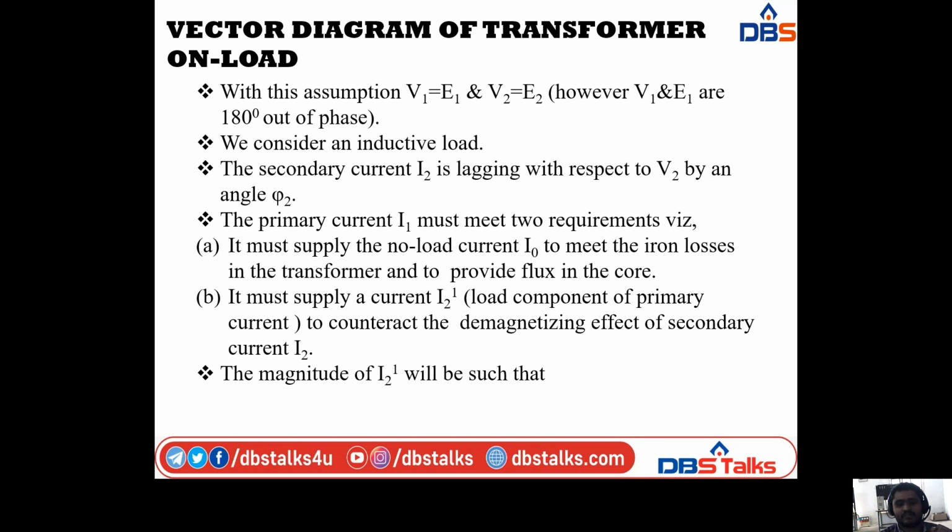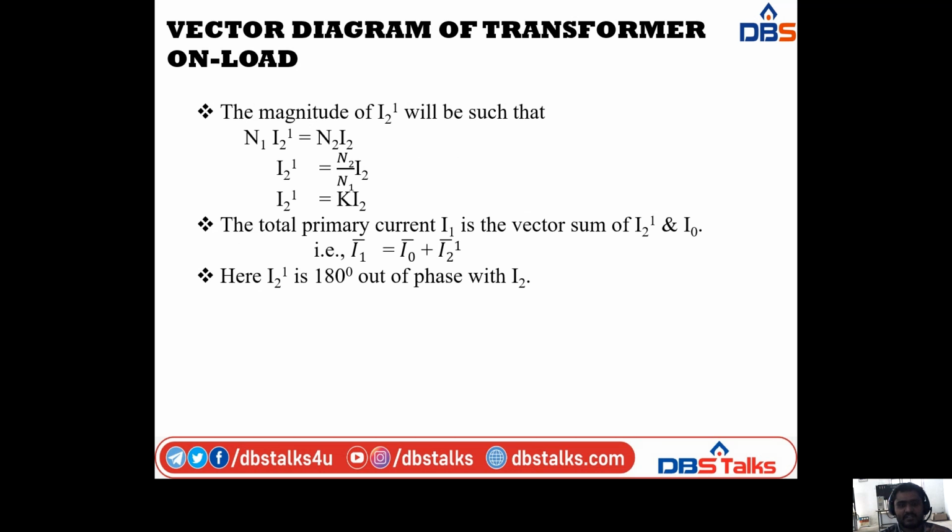The magnitude of I2 dash will be such that N1 I2 dash is equal to N2 I2. So I2 dash is equal to N2 by N1 into I2.